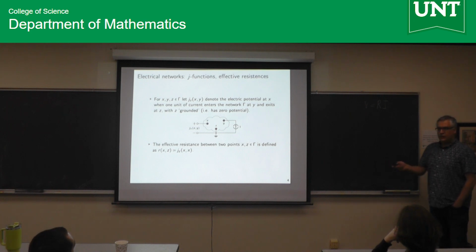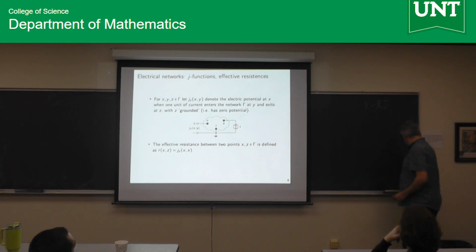And this is the key to some of the formulas I'm going to say. And again, it's the same kind of thing. Maybe you have seen the parallel law, that if you have x and y, the effective resistance between x and y is 1 divided by, let's say this was 4, 1, and 4.